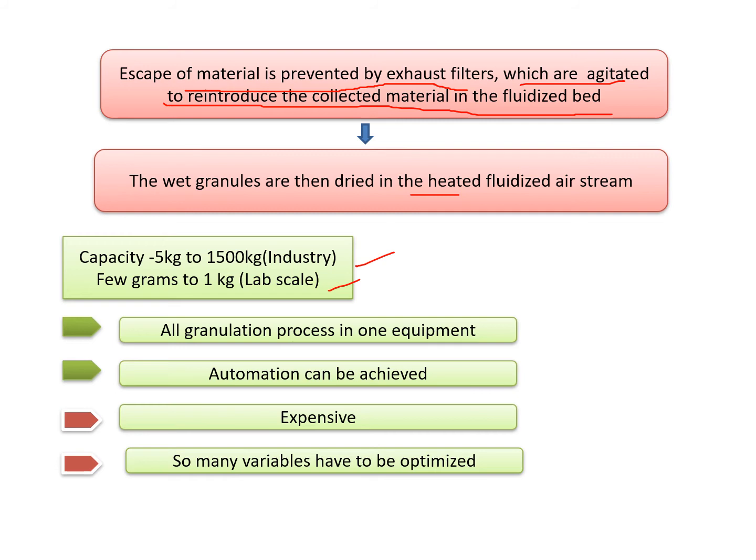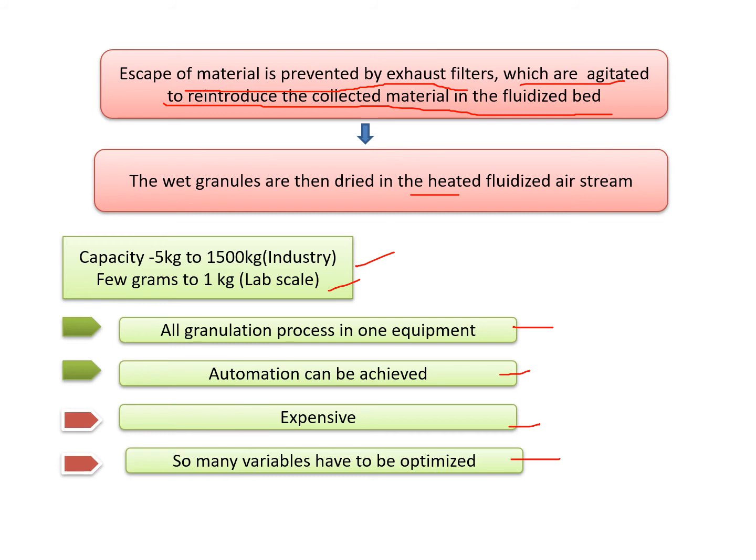Now advantages are there, like all the granulation process in one equipment. Automation can be achieved. Automation means the process can be made automatic. Computerized systems can be used which can regulate the process efficiently, but it is an expensive process and we have to optimize various variables.